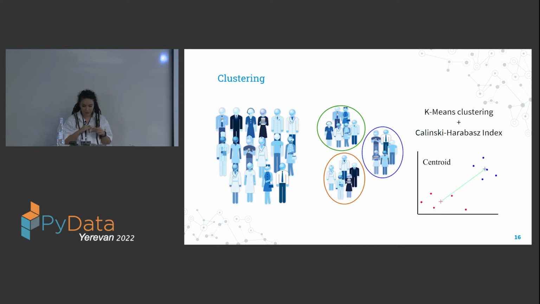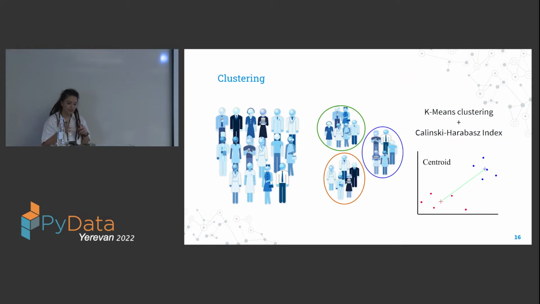Let's say we have this outcome matrix of SHAP coefficients, and then we use k-means clustering plus the Calinski-Harabasz index. The Calinski-Harabasz index helps us understand how many clusters we need.